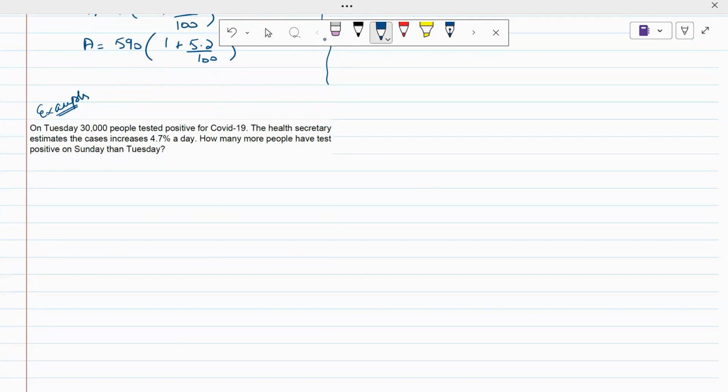In this example, it says on Tuesday, 30,000 people tested positive for COVID-19. The health secretary estimates the case increases 4.7% a day.